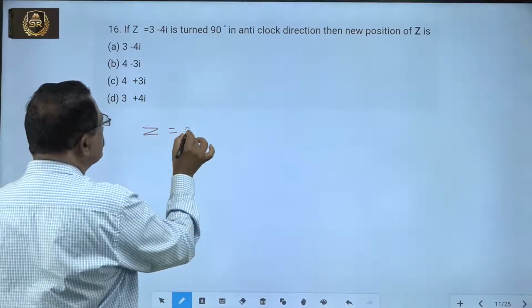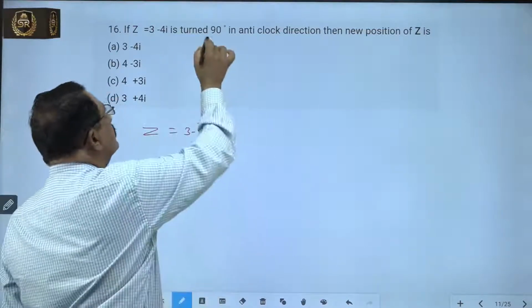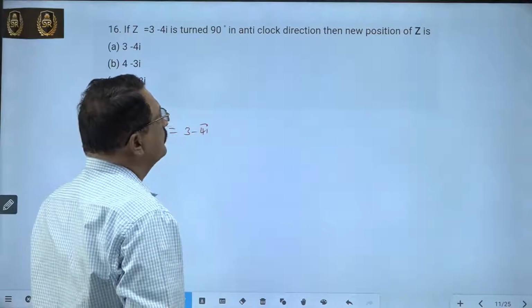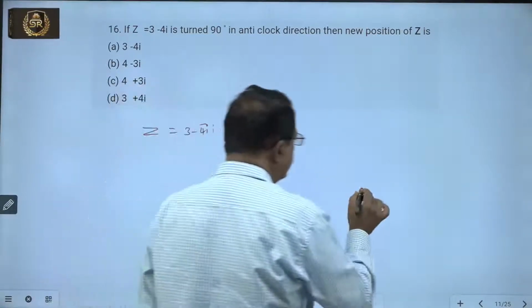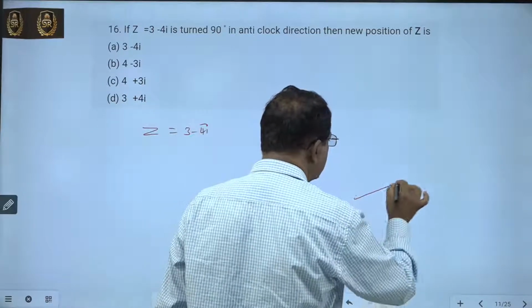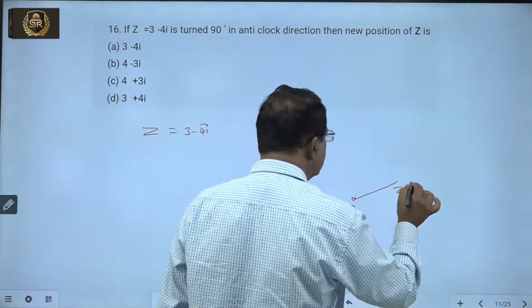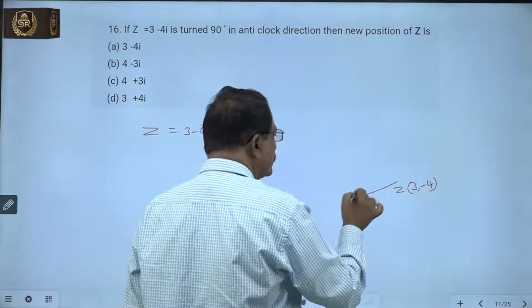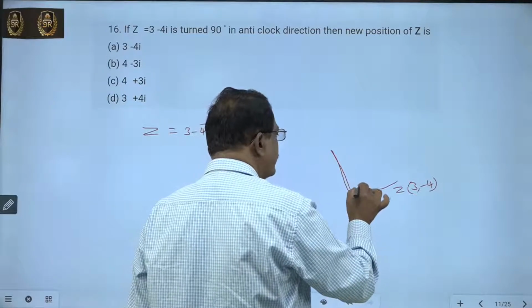Next, z equals 3 minus 4i is turned 90 degrees in the anti-clockwise direction, find the new position of z. Consider the origin and the point z. What is z? 3 comma minus 4. It is rotated through an angle of 90 degrees in the anti-clockwise direction.